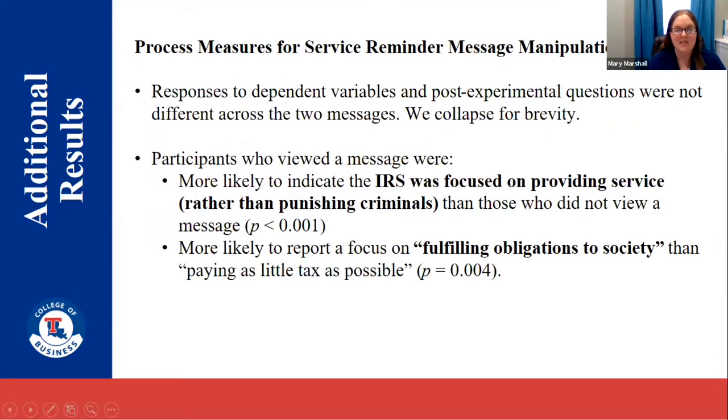We have a similar analysis for those viewing the service reminder messages. And we consider the results of one new question and then one question that also showed a significant effect in the previous slide. So we see taxpayers who viewed a service message were more likely to indicate that the IRS was focused on providing service rather than punishing criminals.